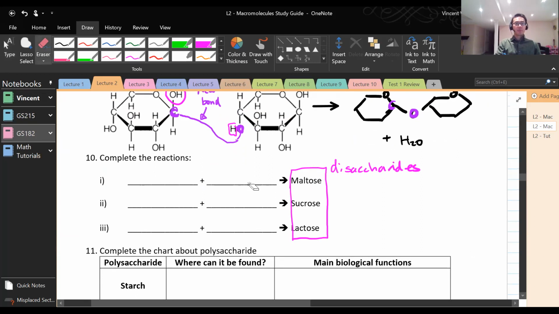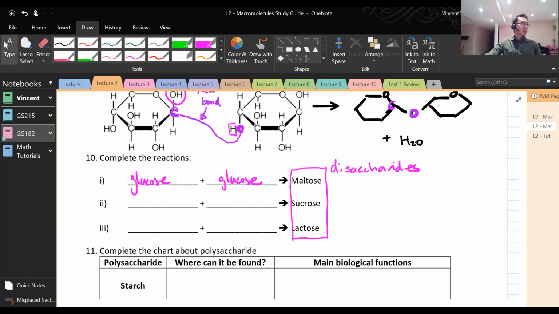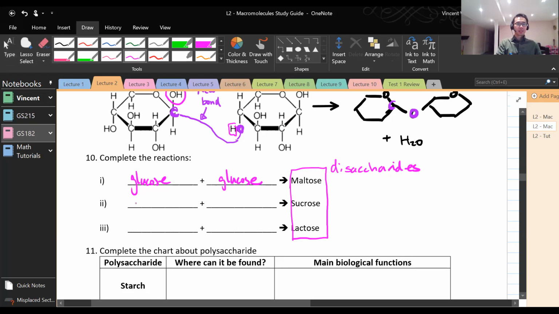Complete the reaction. Maltose is glucose plus glucose. What about sucrose? Anybody help me out here? Well, the good news is they all have one glucose, so that helps with the memory load. For sucrose, yes, it is glucose plus fructose.